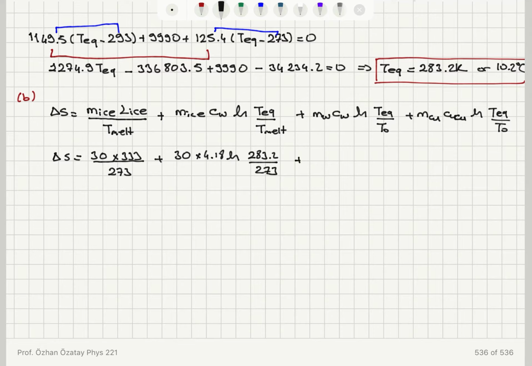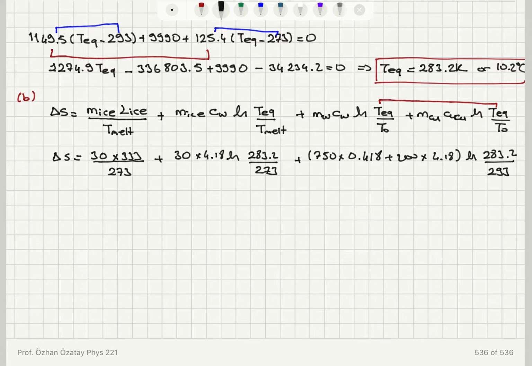Then I have for the two terms that include the natural logarithm of T equilibrium over T0, 750 times 0.418, specific heat of copper, 200 times 4.18, specific heat of water, natural logarithm 283.2 divided by 293 Kelvin, which was the initial temperature of the copper can with the water in it.